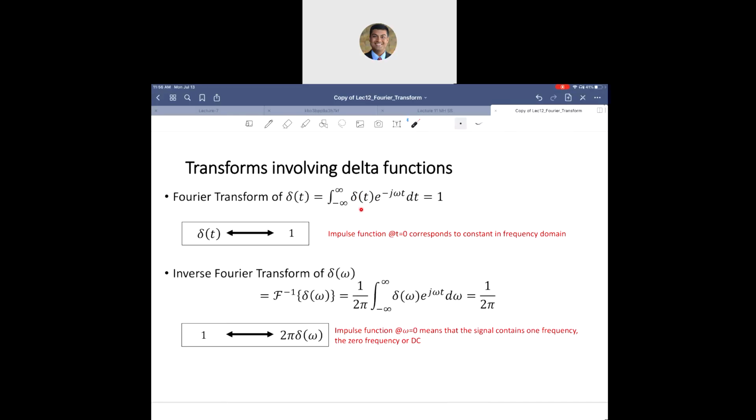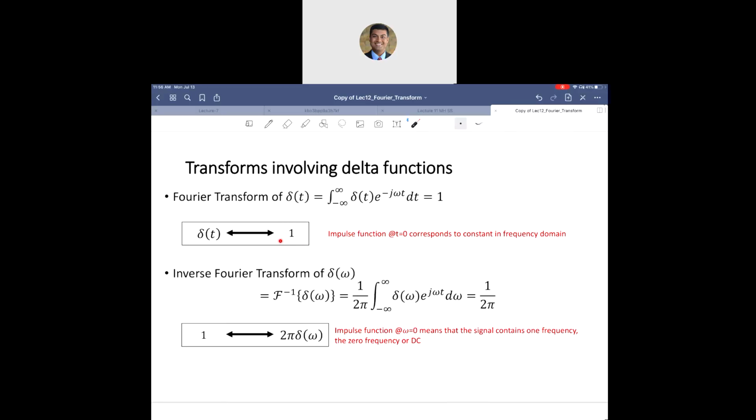The impulse is valid only when t is 0. Evaluate e to the negative j omega t at t equals 0. What do you get? E to the negative 0, that's 1. You are integrating over the impulse, which means you will get an area of 1. That's just the properties of an impulse function that we saw earlier in the course. So the Fourier transform of an impulse is 1.